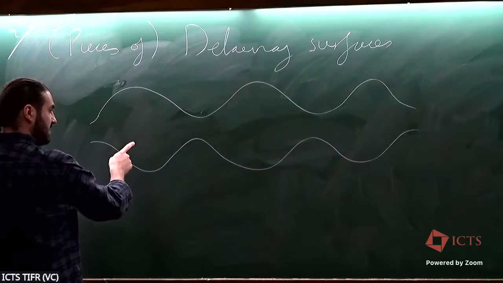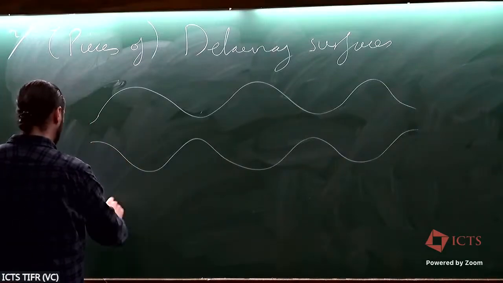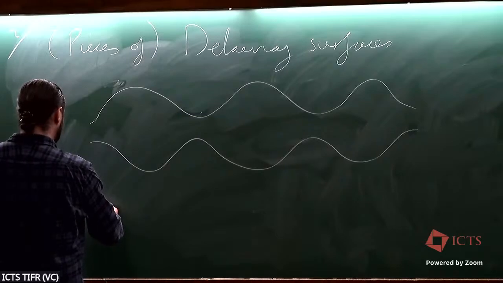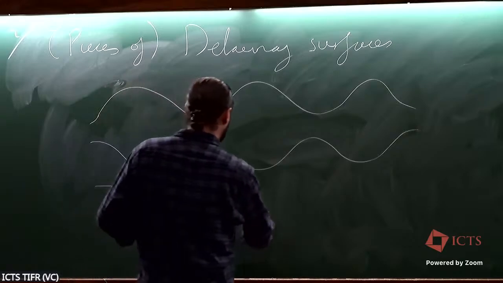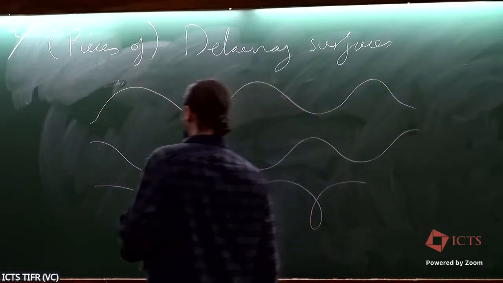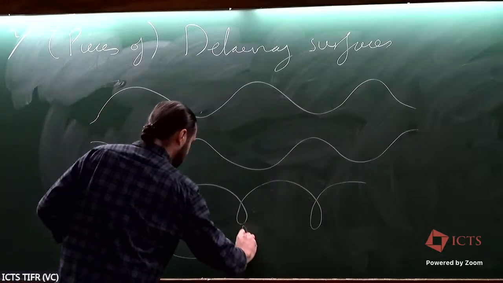And there's the unduloids, which are the embedded version. They come in a one-parameter family. And if you shift the parameter along far enough, you get an immersed version called the nodoids. Okay, but they're all CMC.